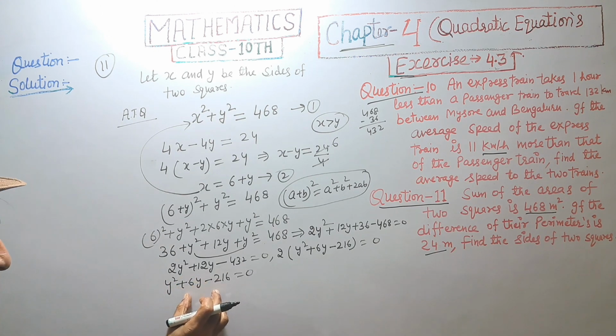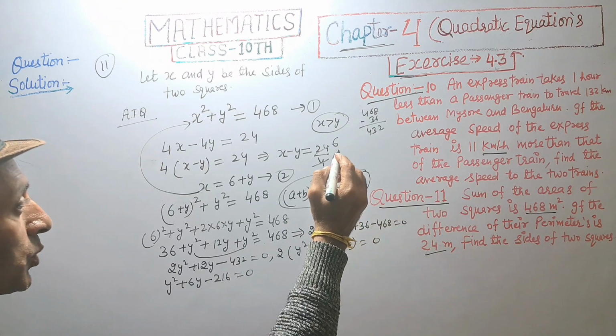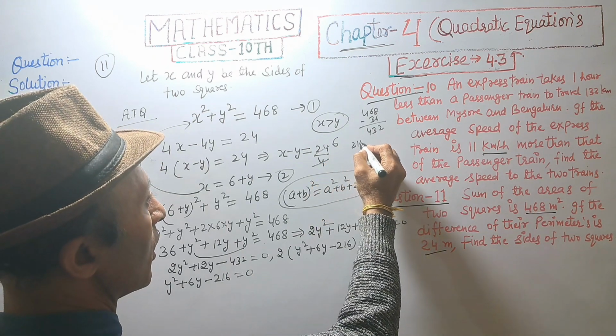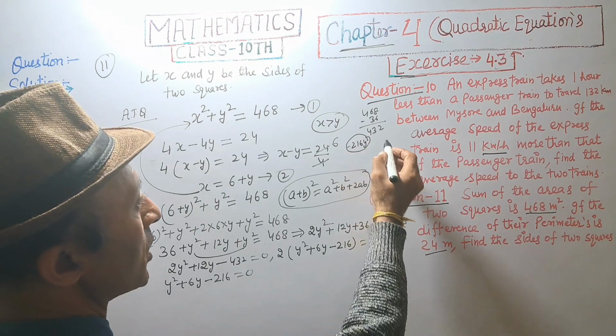And we are factorizing. Product of first and last is minus 216y^2.